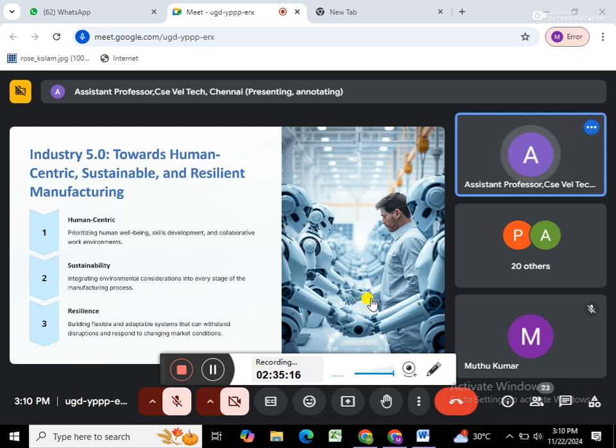It should not have any impact on the sustainability of the planet, and humans should have the mindset to work along with the technology, as well as be more resilient.